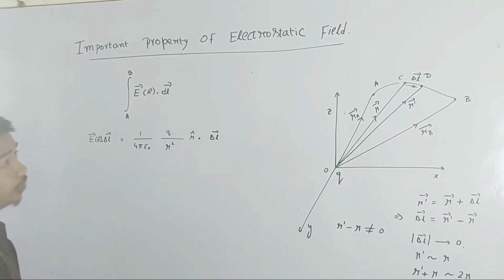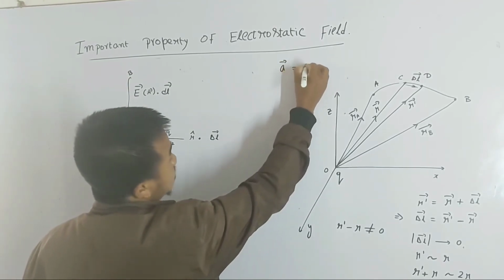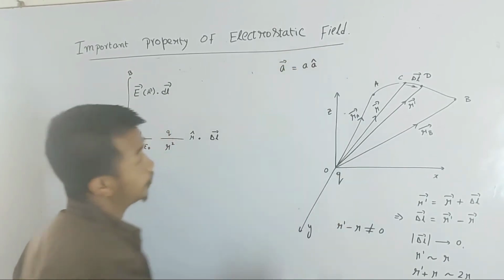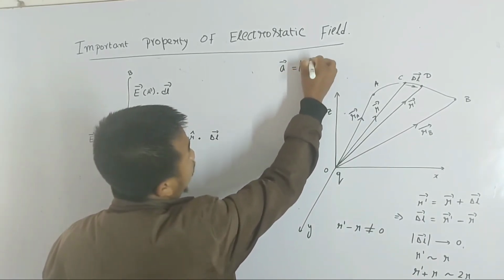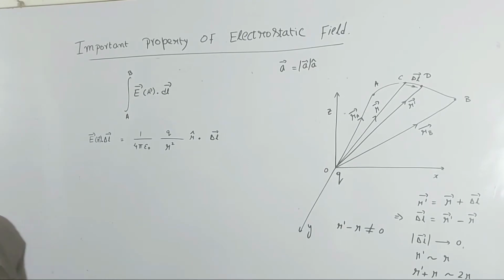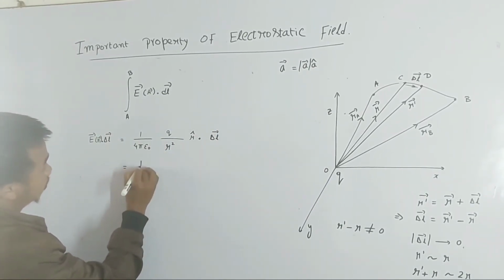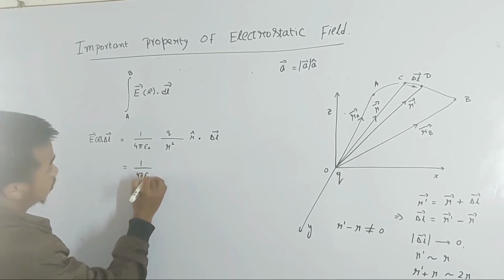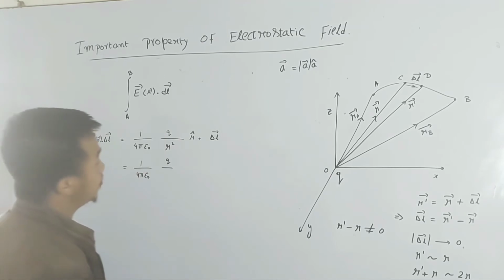If we have any vector A, this can be expressed as mod A times A cap, where A cap is a unit vector. Therefore, from this equation, we can write Q divided by, so what is R cap?